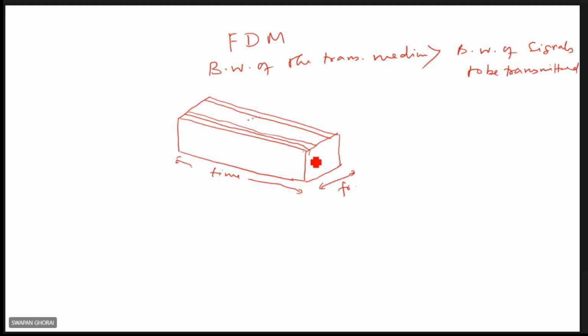Here you can see different frequency slots used for different data sources, like this. So F1, F2, like these things. In this way. This F1, F2 are actually the different carrier frequencies.